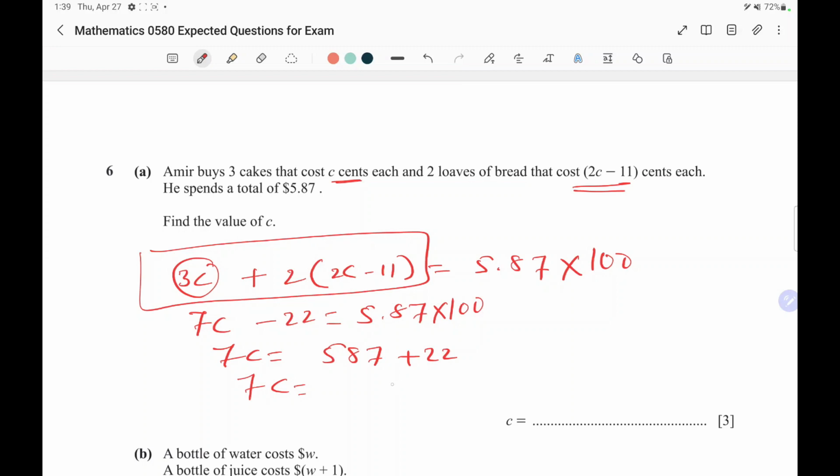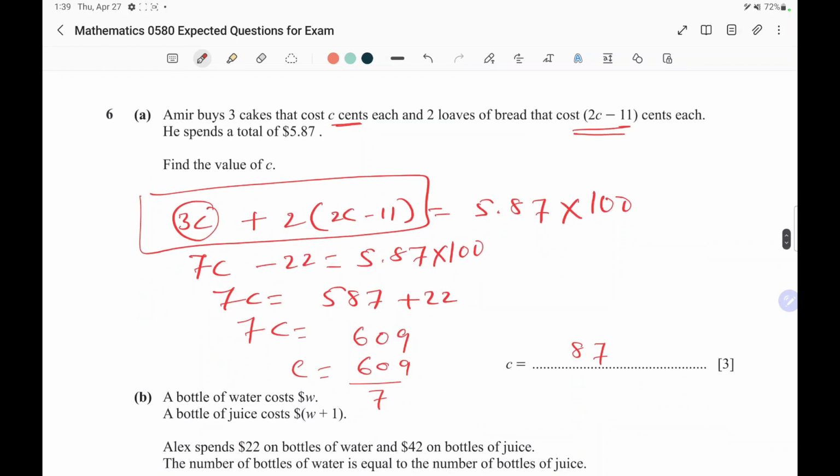So 7C equals 609. So C equals 609 over 7. So 609 over 7, that is 87. So that should be 87.